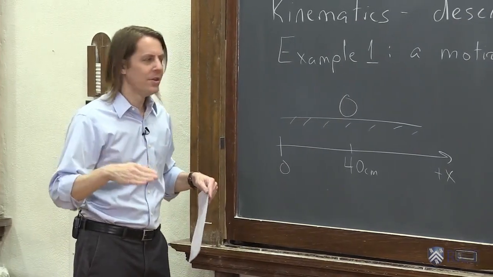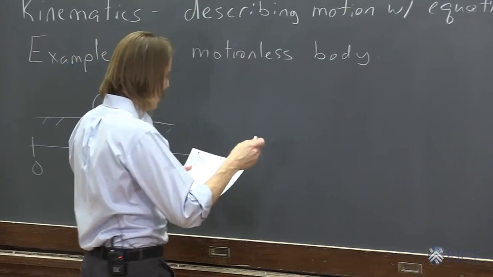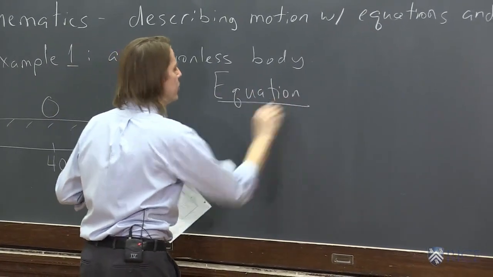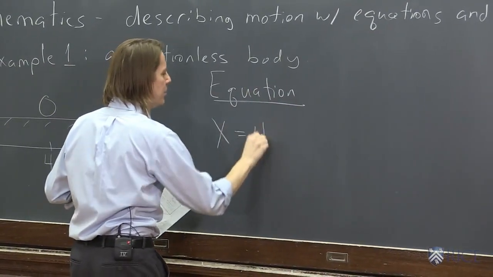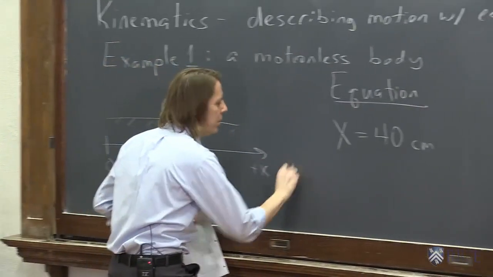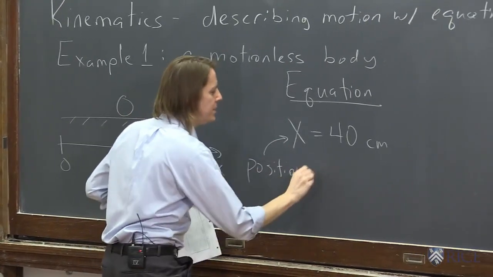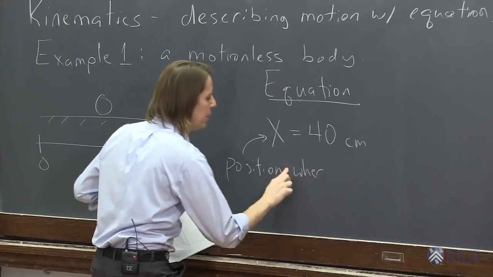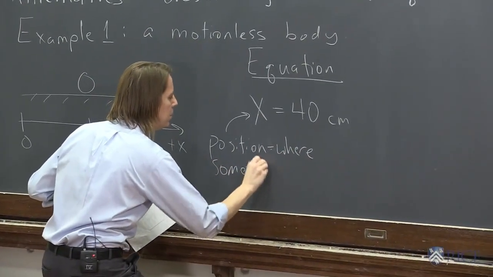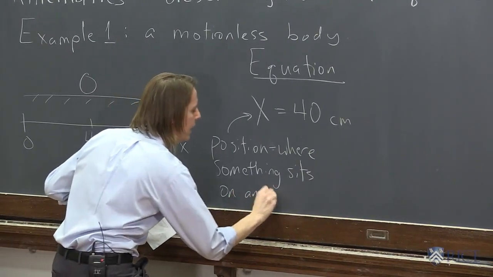Let's look at the equation that would describe this very simple example of something sitting perfectly still. The equation would simply be x equals 40, and the unit is centimeters. So x we'll call the position, which is where something sits on an axis.